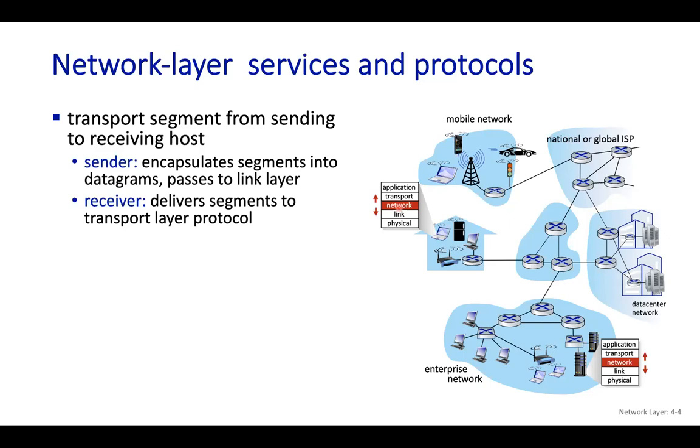We can think about a transport segment going from the sending to the receiving host. The sender encapsulates the segments into datagrams. As I mentioned, we use different words for the basic unit in different layers. Here we are using the word datagram, and in the transport layer we use the word segment. The datagram is passed to the link layer, and the receiver delivers the segments to the transport layer.